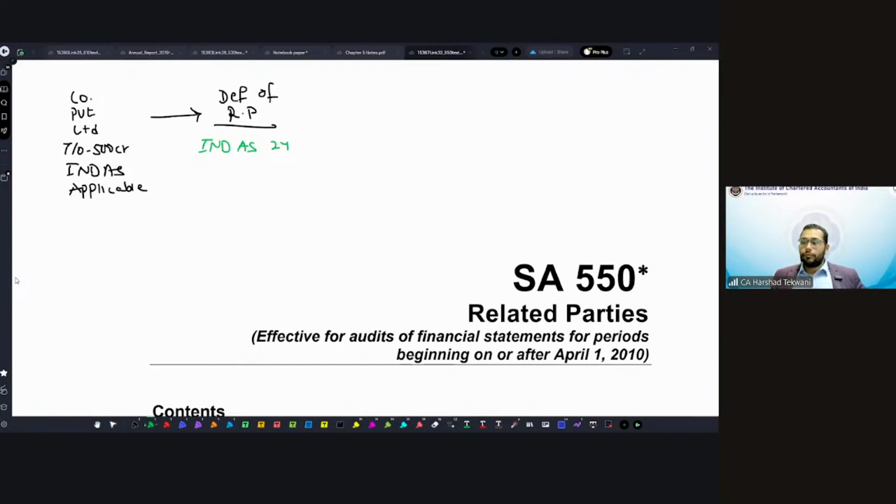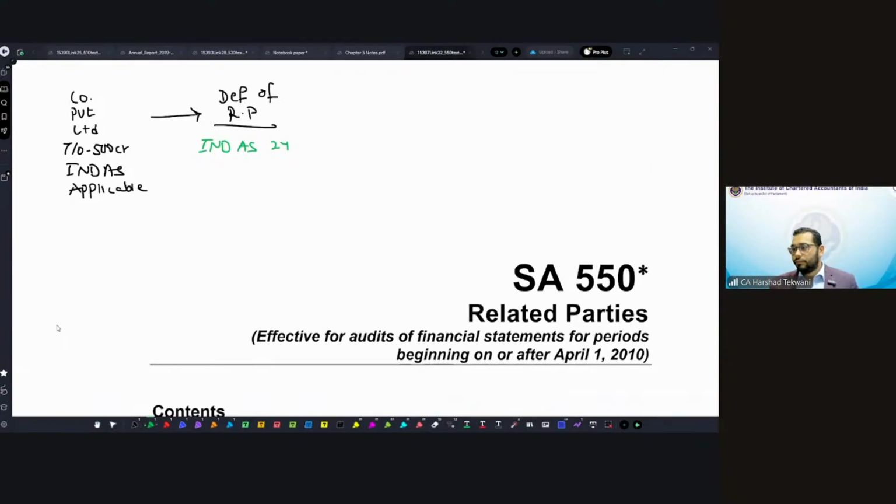If not, then it is defined in SA 550. I'm talking about, as of now, the applicable financial reporting framework. The definition in SA 550 we'll discuss in a while. Now let's go for the definition of related party as per the applicable financial reporting framework. Now determine the applicable financial reporting framework here for the purpose of related party.